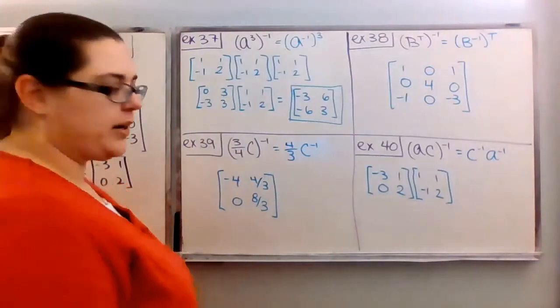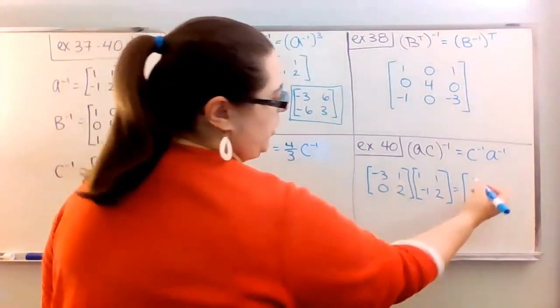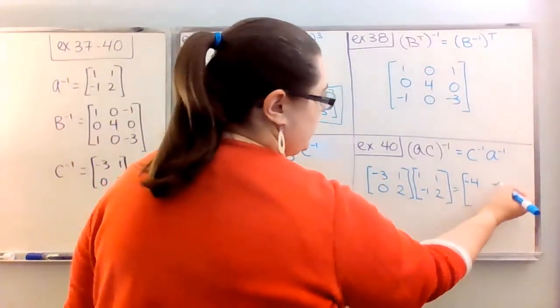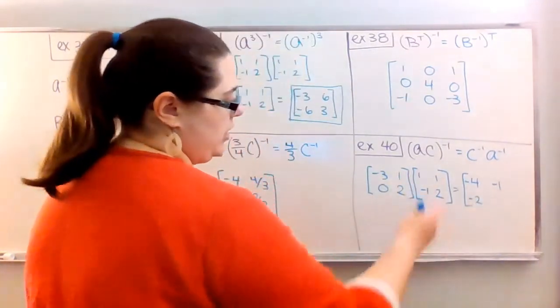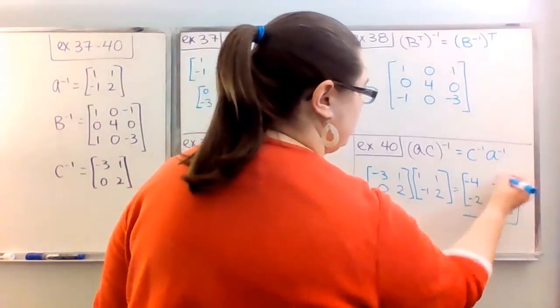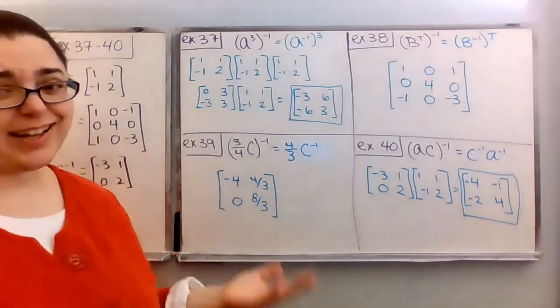So now we just find their product. I'm going to get -3 - 1 is a -4. -3 + 2 is a -1. 0 - 2 is a -2. And 0 + 4 is 4. Okay, and there you have it.